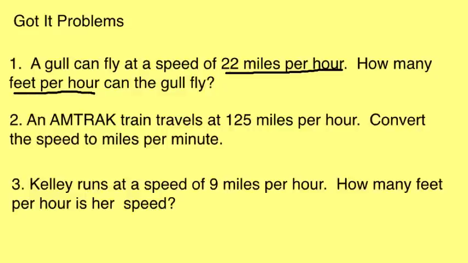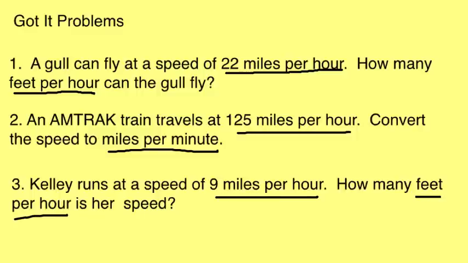So this is very similar to the second example that we did. Number 2, an Amtrak train travels at 125 miles per hour. Convert to miles per minute. Okay? And then the last one, Kelly runs at a speed of 9 miles per hour. How many feet per hour is her speed?